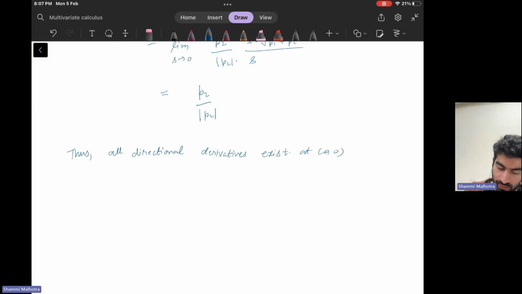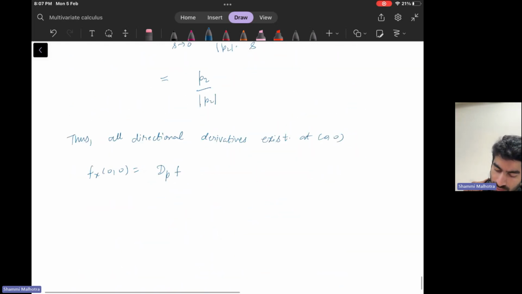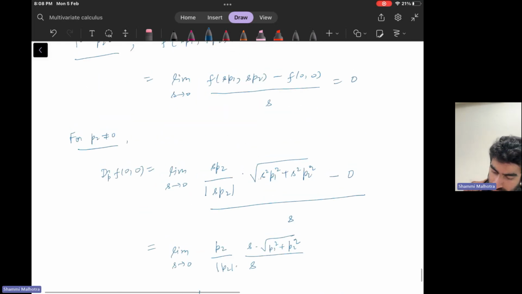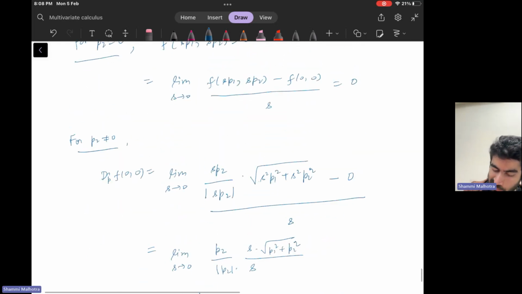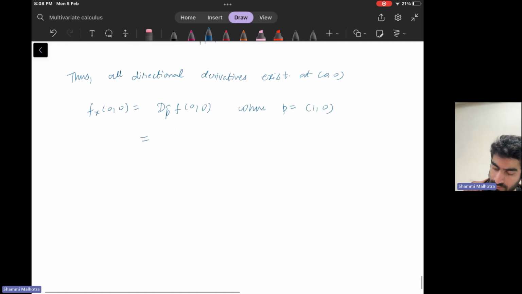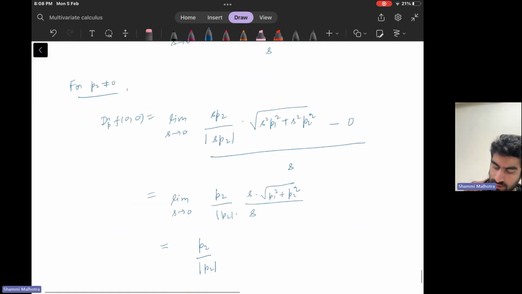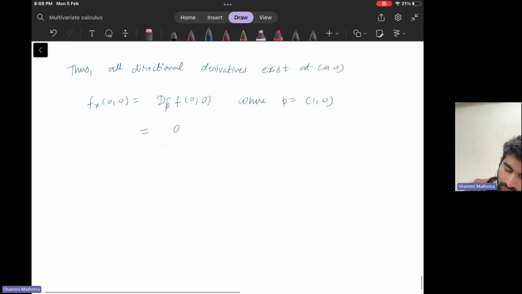I know that fx at 0, 0 is the directional derivative of f at 0, 0 in the direction p, where p is 1 comma 0. My p2 is 0 but p1 is 1, so in that case the directional derivative turns out to be 0 only.